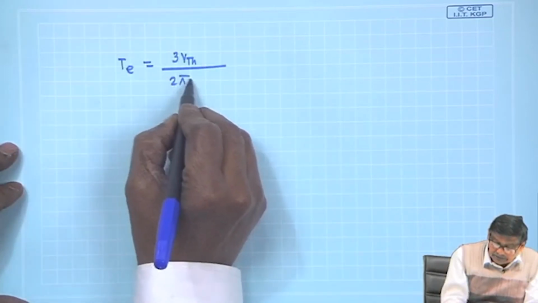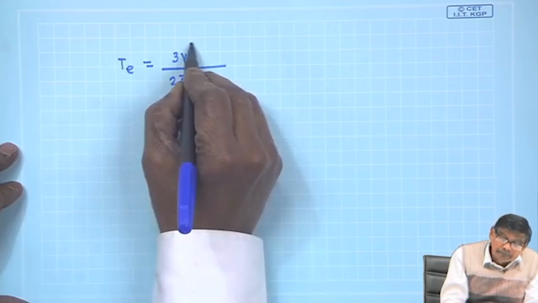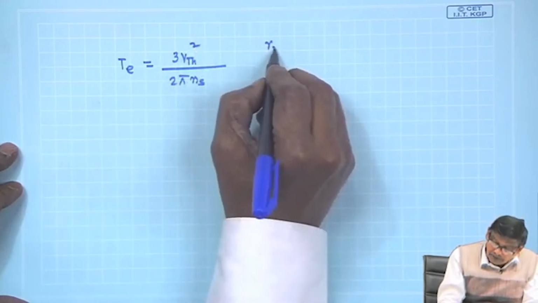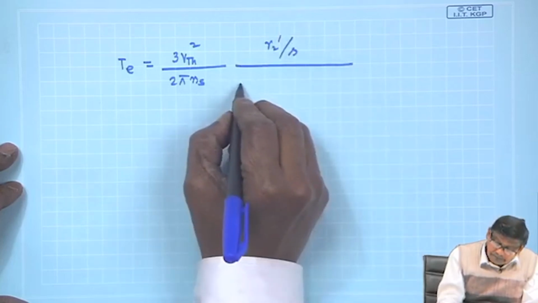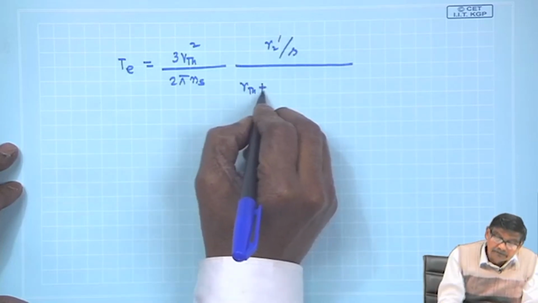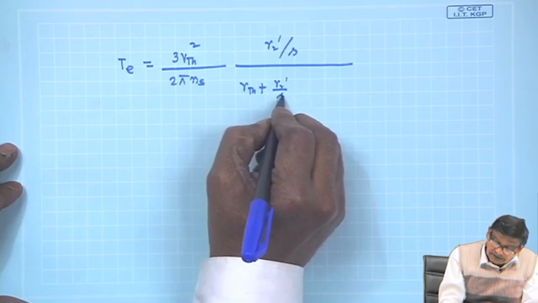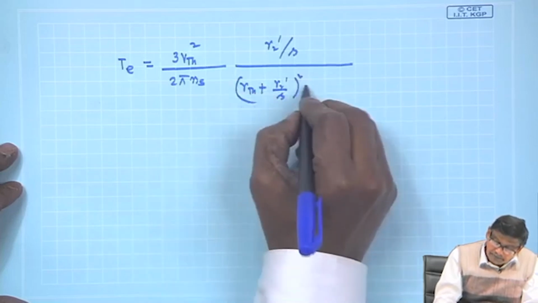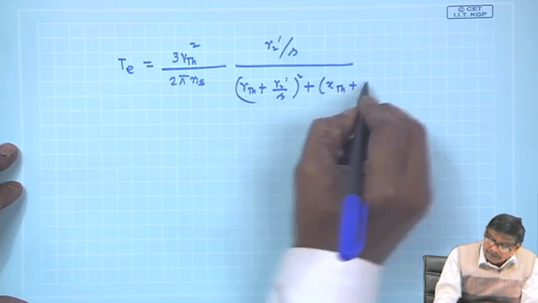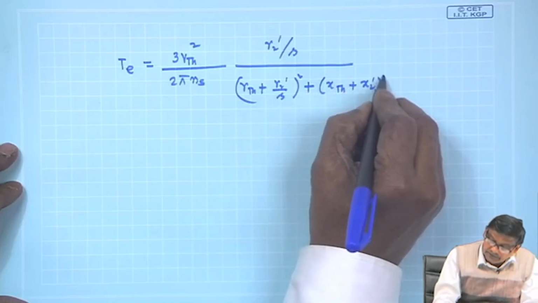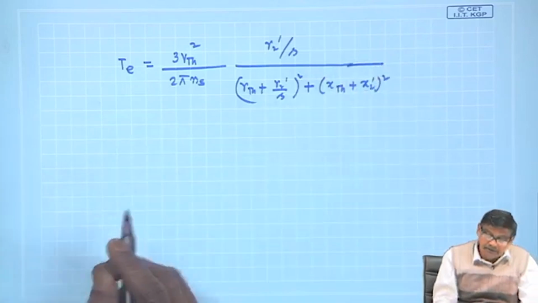So, this was for any value of slip, R2 dashed by S, this is R Thevenin plus R2 dashed by S whole squared plus X Thevenin plus X2 dashed whole squared. This was the general expression of that.